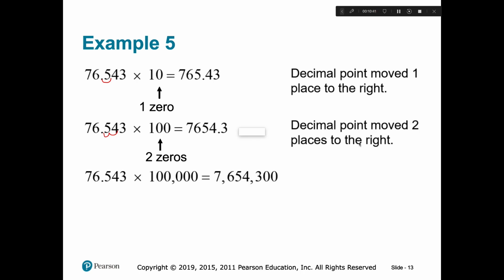If we multiply by 100,000, how many zeros are here? So we need to move this decimal point 5 places. After 3, I run out of numbers, so I start adding zeros. After I add 2 zeros, that's where my decimal point goes. So however many zeros you have.